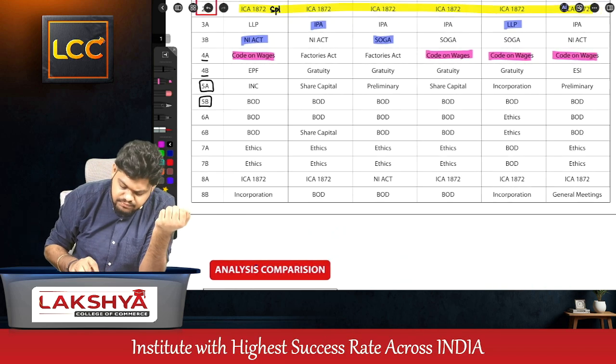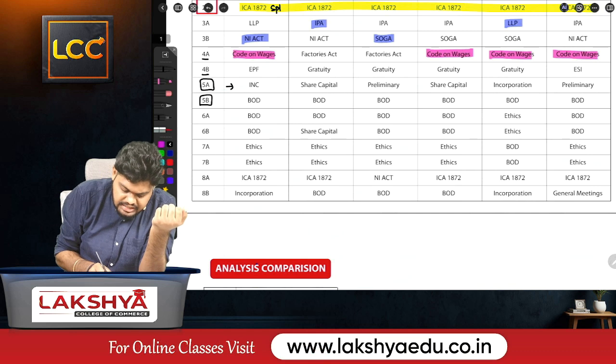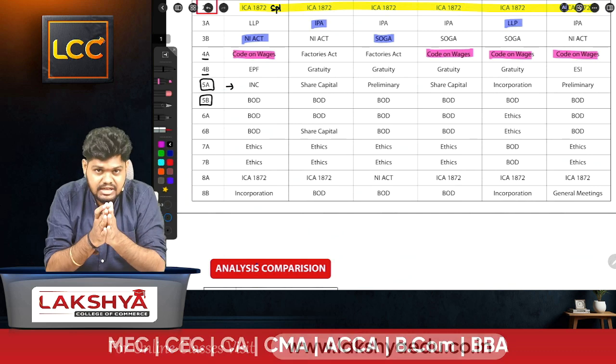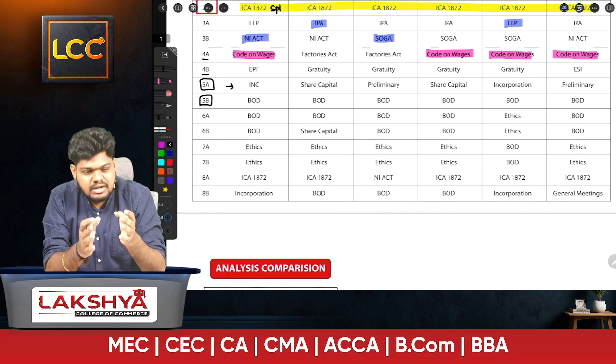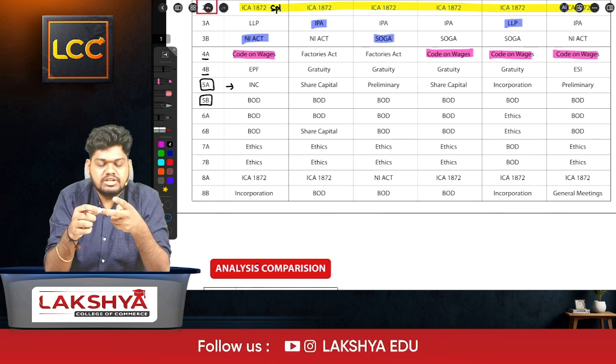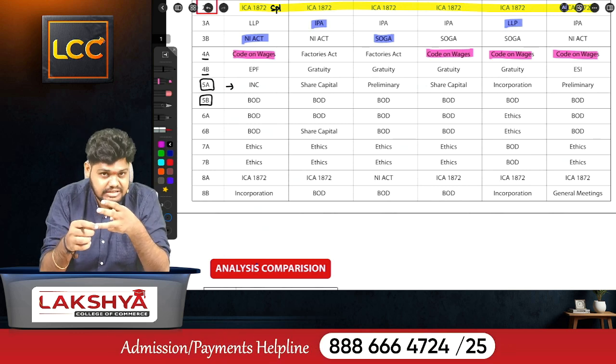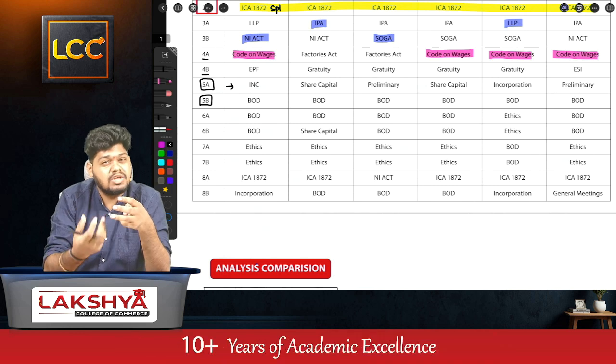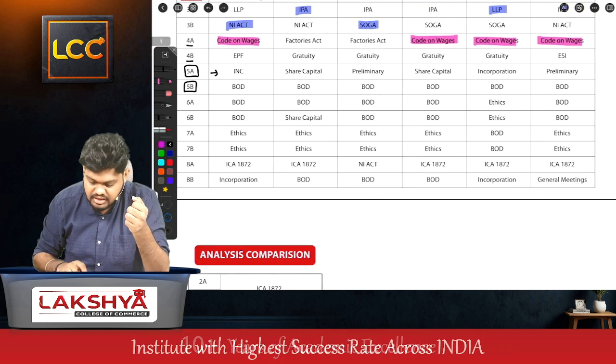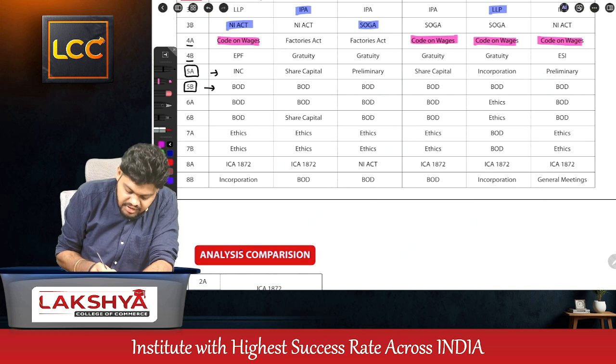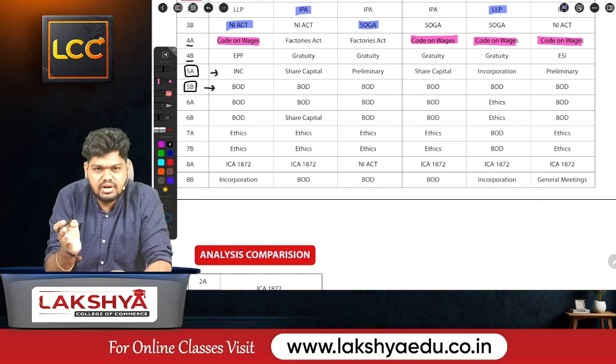So question 5A has always been asked from the normal Companies Act, more often than not from your incorporation chapter, share capital chapter, and general meetings chapter. These are the 3 which have been given more and more importance when they have been asking questions from the process. And 5B has always been board of directors.